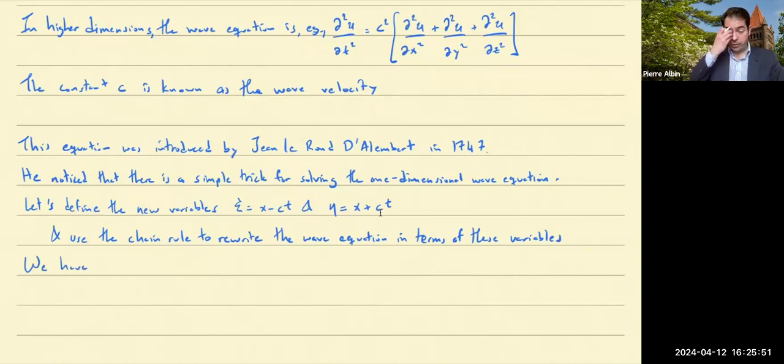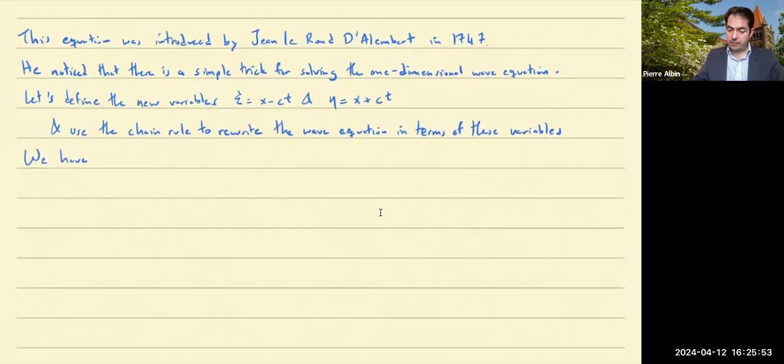Okay, so how does the wave equation come in? Well, the derivative with respect to t is going to be the same as the derivative with respect to xi times the derivative of xi with respect to t plus the derivative with respect to eta times the derivative of eta with respect to t, right?